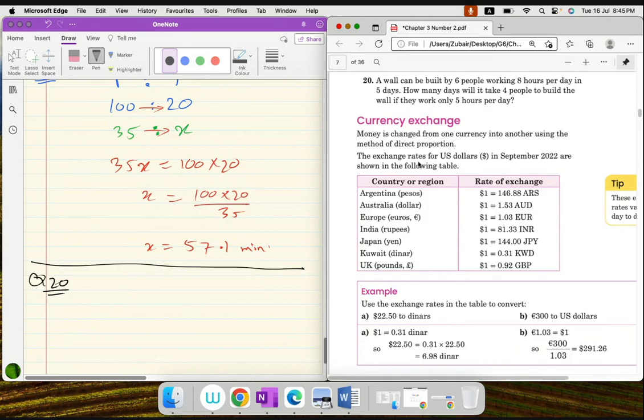So it will be 12 days. That's right, 12 days. Very good.